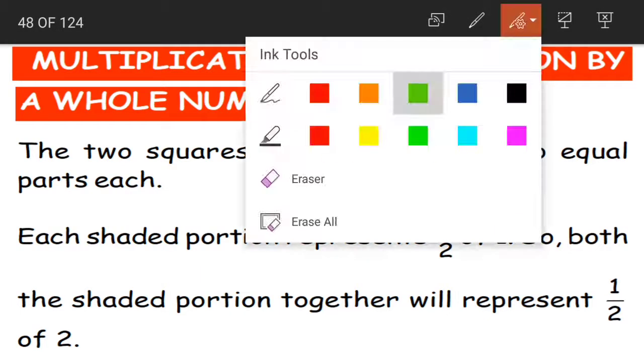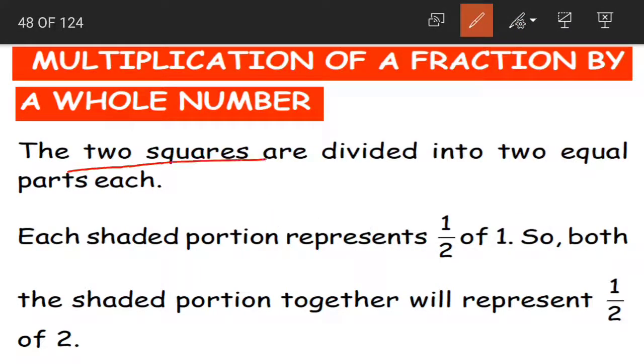What are they saying here? See, we are having two squares which are divided into two equal parts, and each shaded portion represents only 1 by 2. Both these squares are equal in size, children.